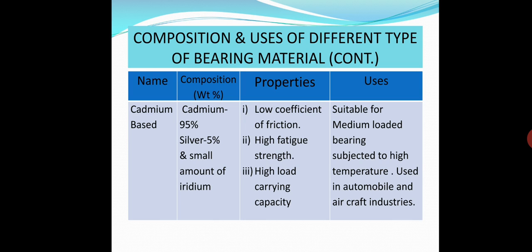Uses: suitable for medium loaded bearings subject to high temperature, used in automobile and aircraft industries. In spite of its high cost, it is used in these areas as it has the property to carry load at very high temperature.